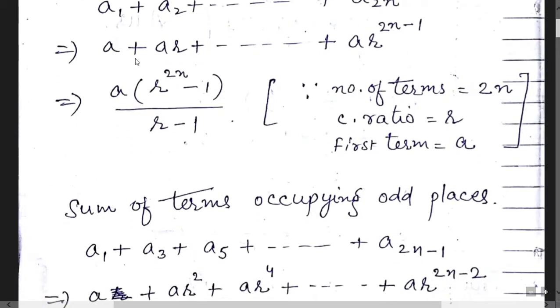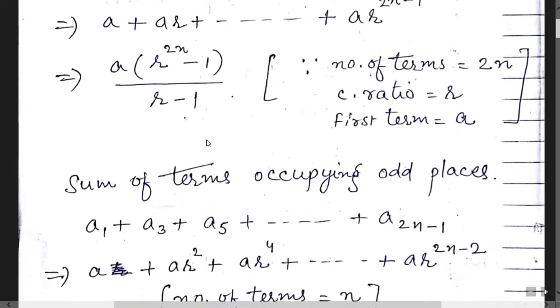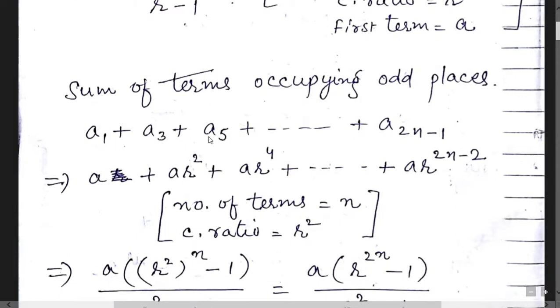What about the formula of GP? Sum is a into r raised to power 2n minus 1 divided by r minus 1. Now the sum of the terms occupying odd places: a1, a3, a5 up to a2n minus 1.